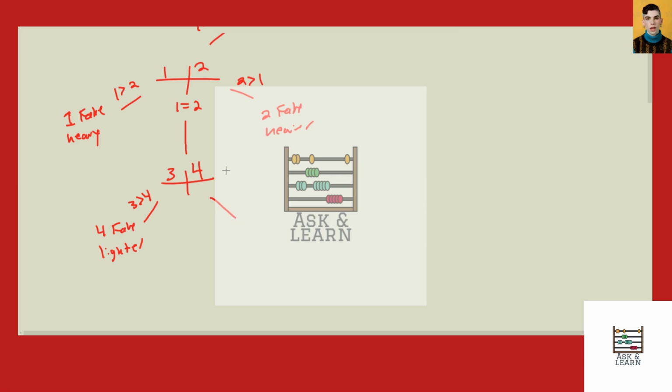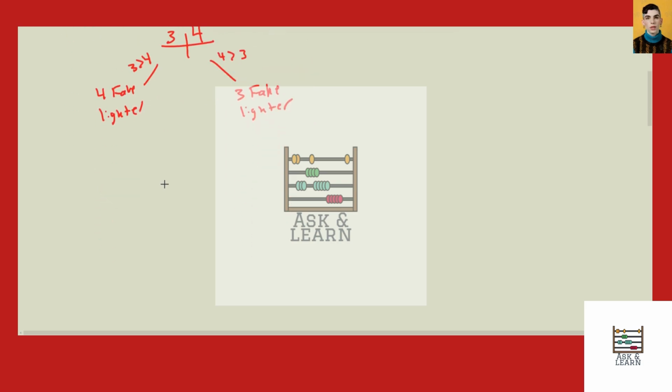And then likewise, if we have that 4 is heavier than 3, that means 1, 2, and 4 are all the same weight, and 3 is our fake. And then this is the case of where it's fake and lighter. All right, so you can kind of see the algorithm that we would have here. So what I'm going to do is I'm going to write the algorithm down first, and then if you want to complete the tree, you can stay for the rest.